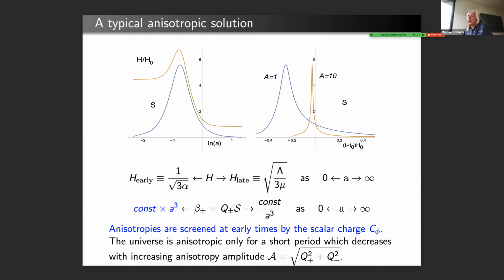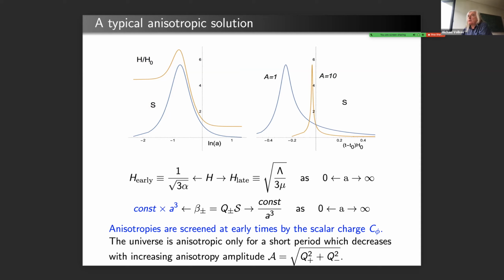Whereas the Hubble parameter interpolates between the kinetic inflation in the past and usual inflation in the future. So it's an interesting result. It contradicts the common belief.